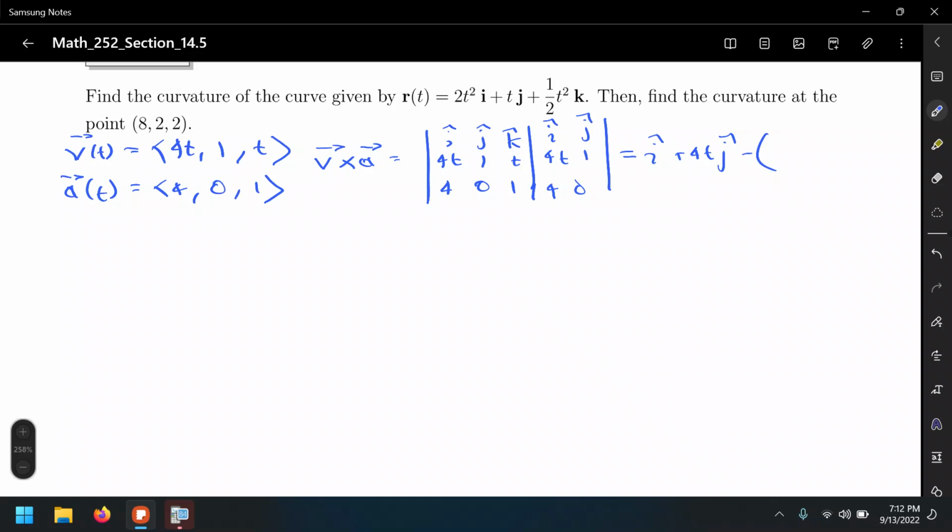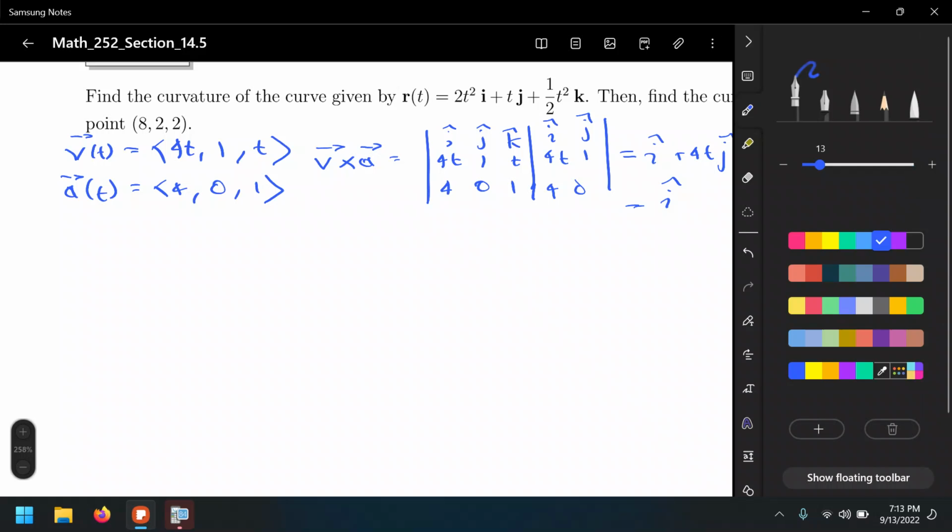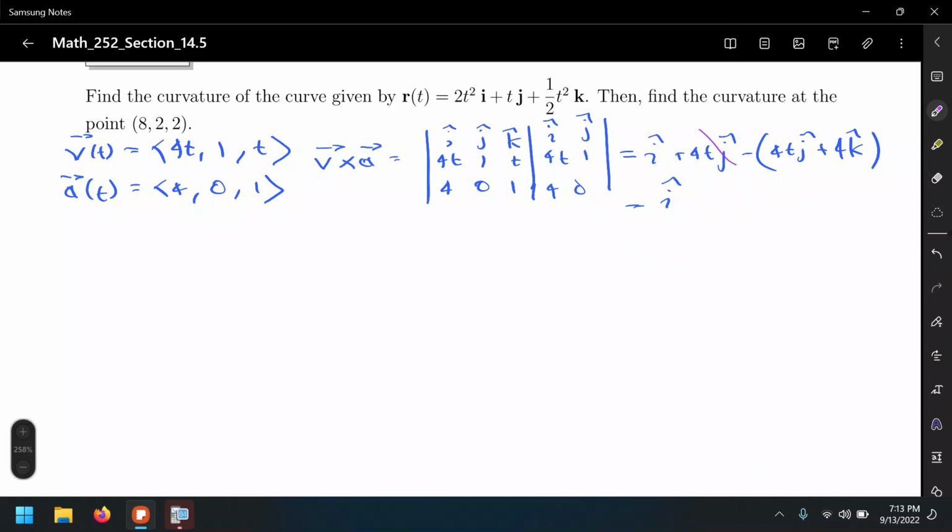That's going to be j times 4t times 1, that's 4t times j, and i times t times 0, that's 0, and 4k times 1 times 4, that's a 4k. So let's simplify this term by term. That's the only i that we have, so that's going to be i. And the j's cancel. Check how the j's cancel. And minus 4k.